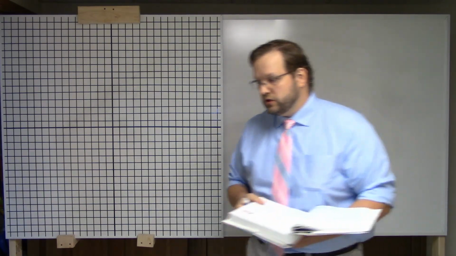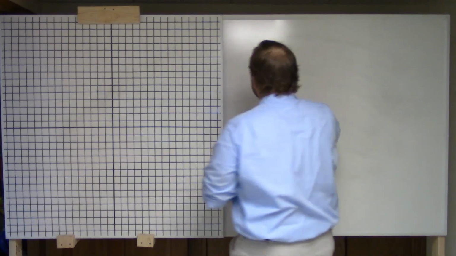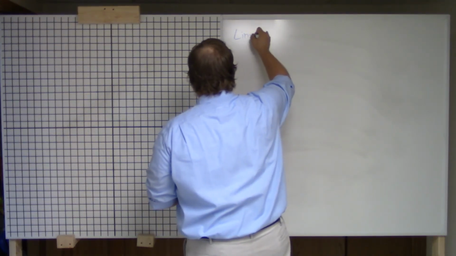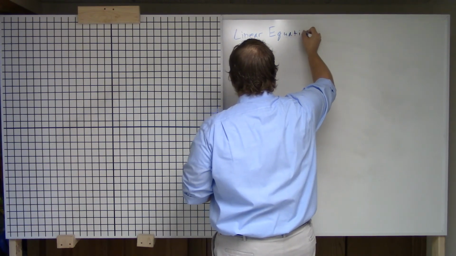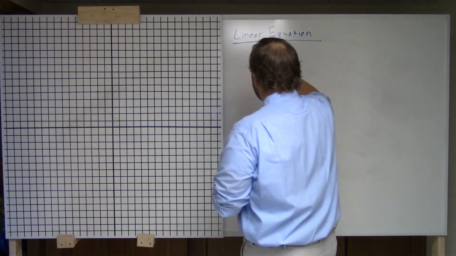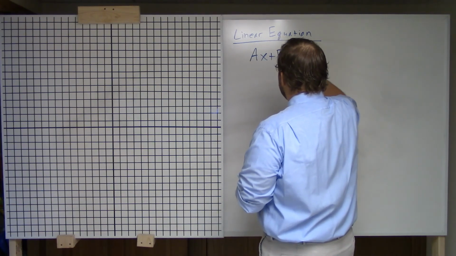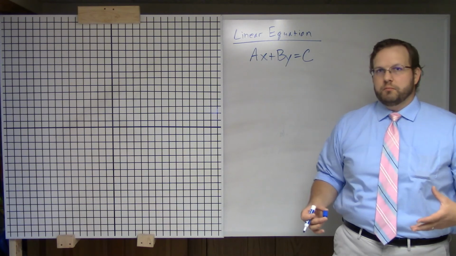Let's first of all lay out what that is. A linear equation is an equation of the form ax plus by equals c. That is what we call the standard form of a linear equation.